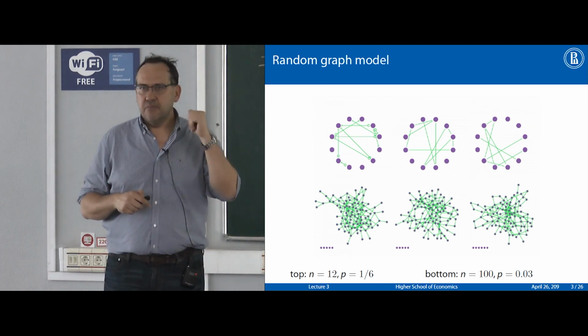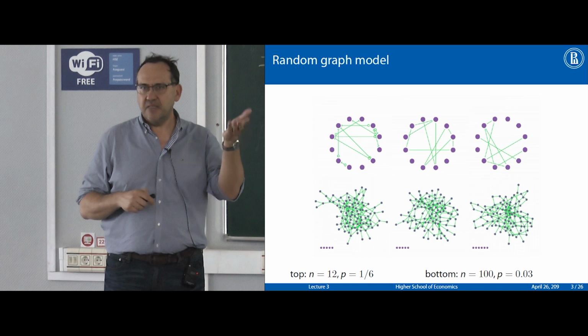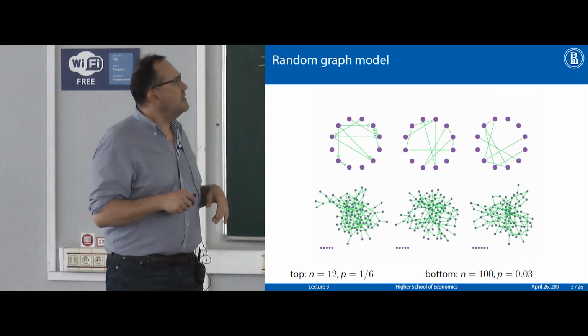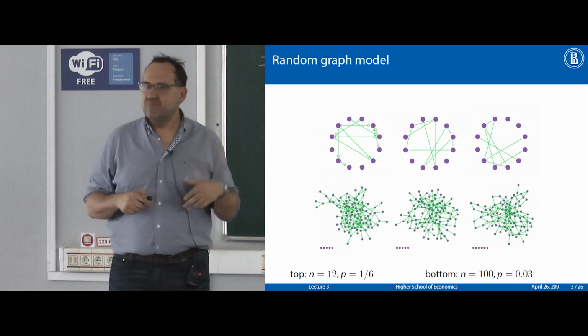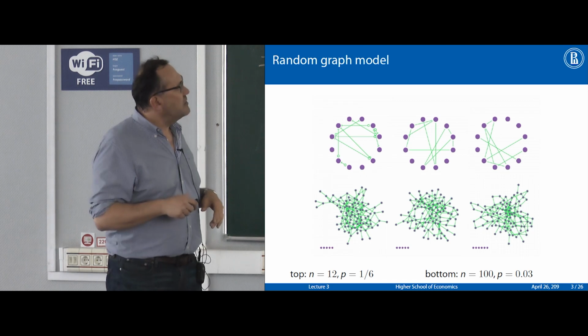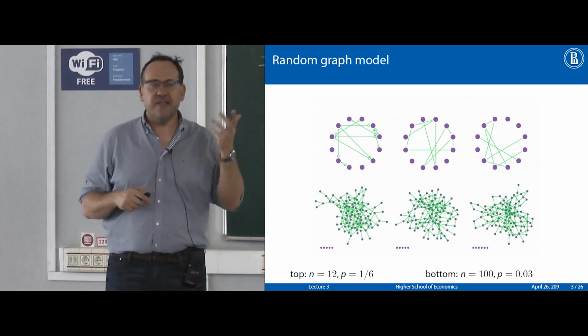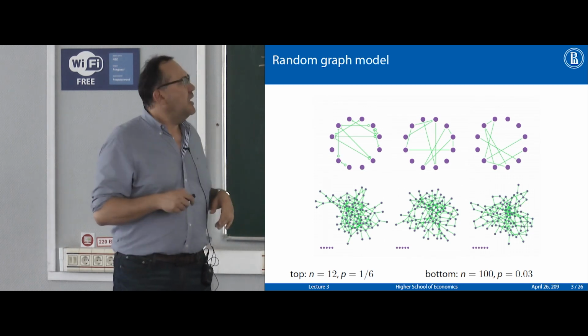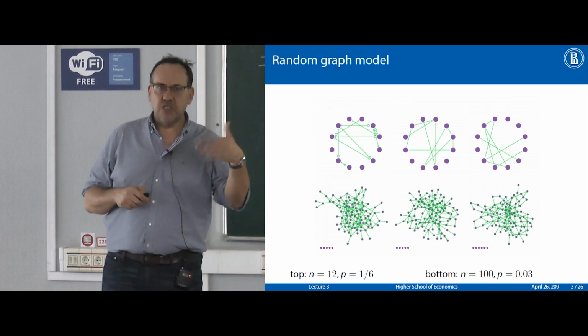We flip a coin. If it is tails, let's say, there is a pair. Boom. Now, we look at this one. We flip a coin. No pair. We take this one. We flip a coin. It's again heads, no pair. We take this pair. It's tails. We form a pair. And so on.